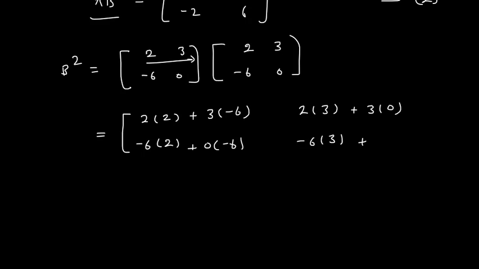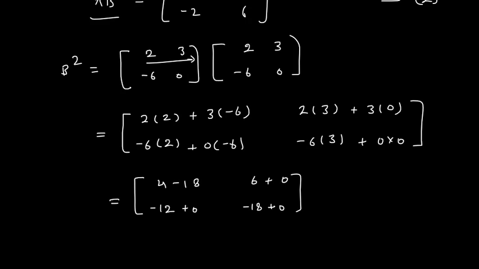This is equal to 2 into 2 is 4, minus 3 sixes are 18, this is minus 14, and this is 6. This is minus 12, this is minus 18. This is B square. This is the third equation.